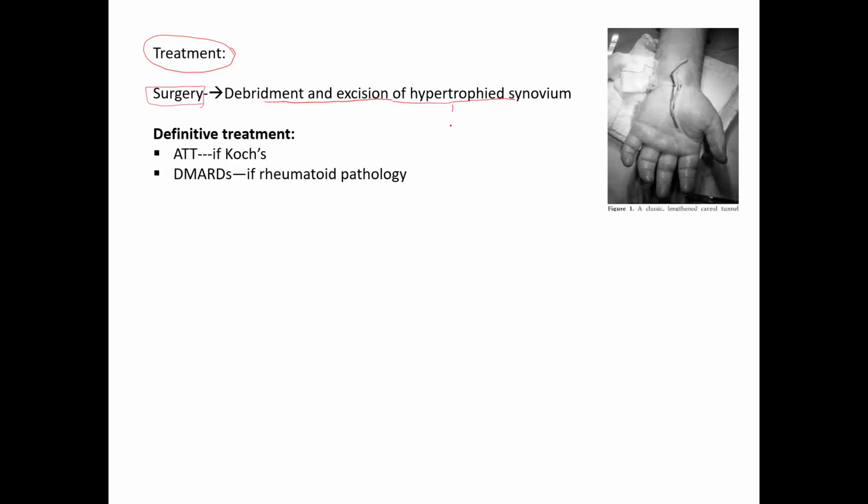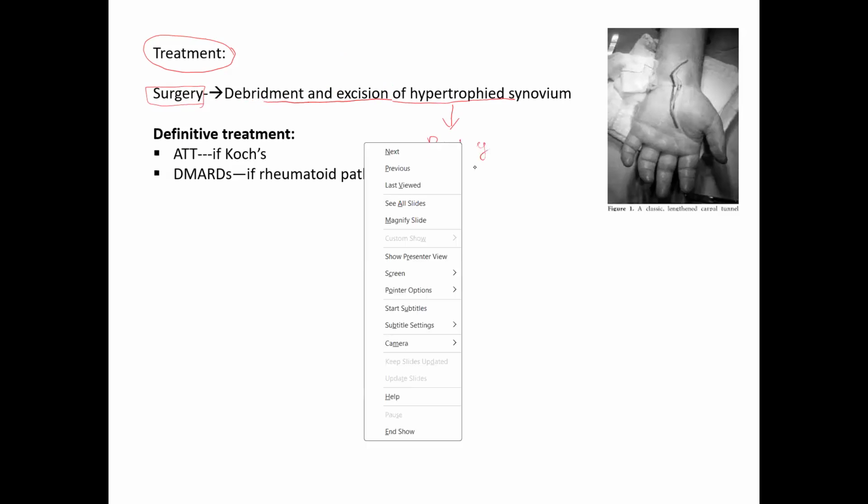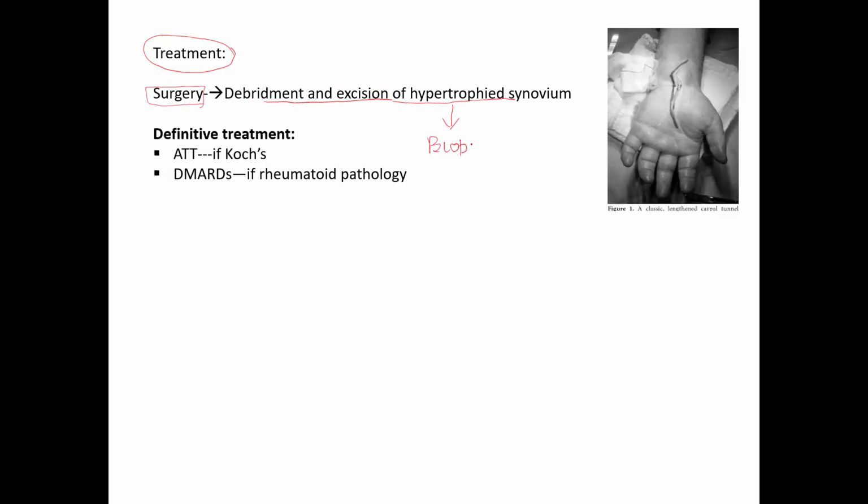And after excising the synovium, we need to send it for biopsy. And if you are suspecting tuberculosis, you need to go for culture. So this is how you can differentiate whether it is of tuberculous origin or rheumatoid origin. If the tests favor tuberculosis, then you need to give anti-tubercular treatment.